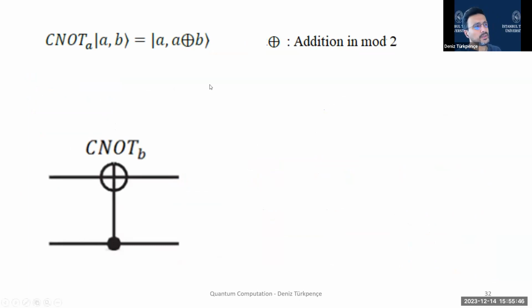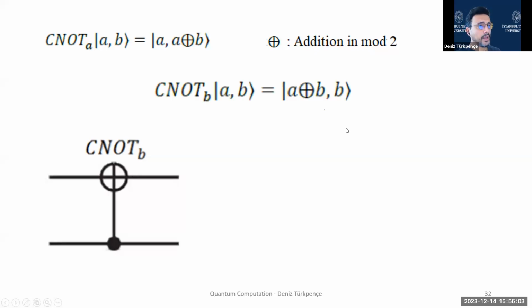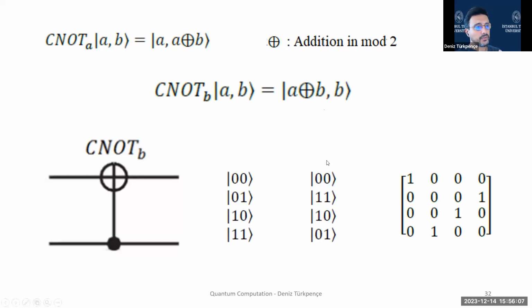Of course, I can write how the result is going to be in different notations. In these notations, this is addition modulo 2, and A and B always take values 0 and 1. You can check the results here. Just like CNOT A, CNOT B can be applied like this.